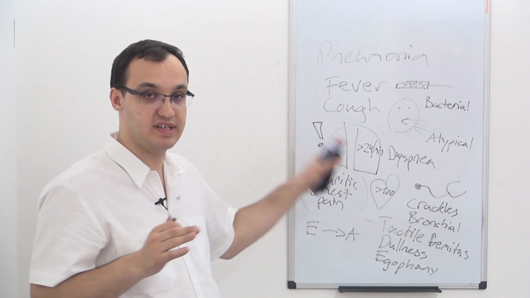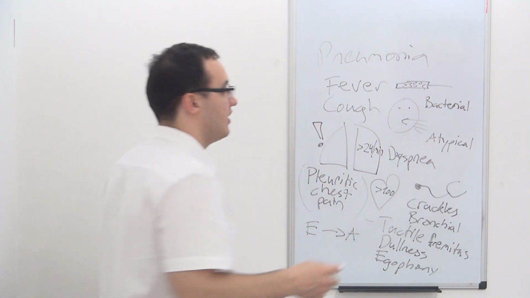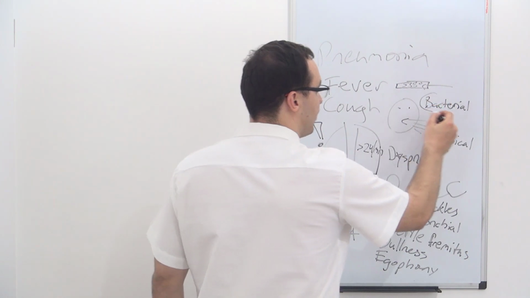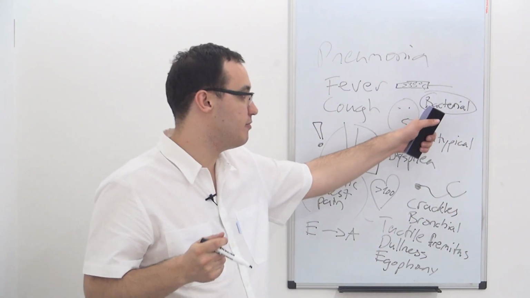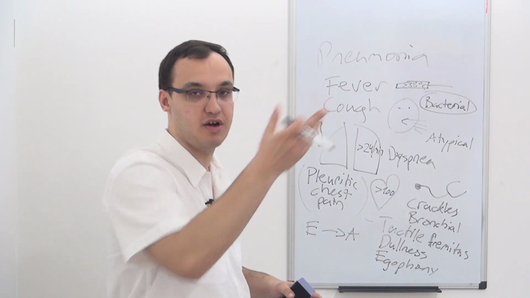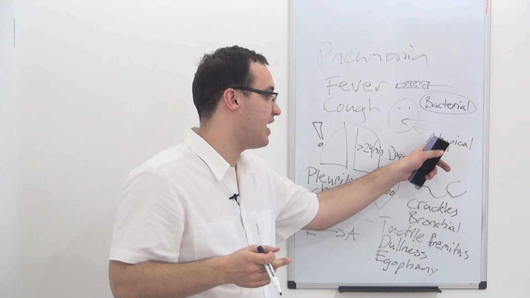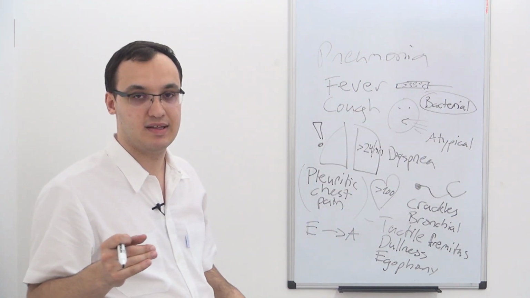Forget all this. This is just a way for you to navigate, because not every case of bacterial pneumonia will show a mucopurulent cough, meaning a thick cough. And not every case of atypical pneumonia will show a watery cough.